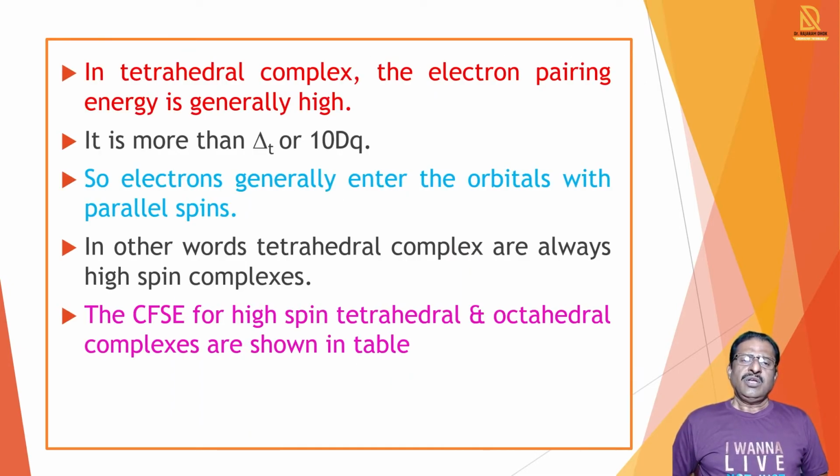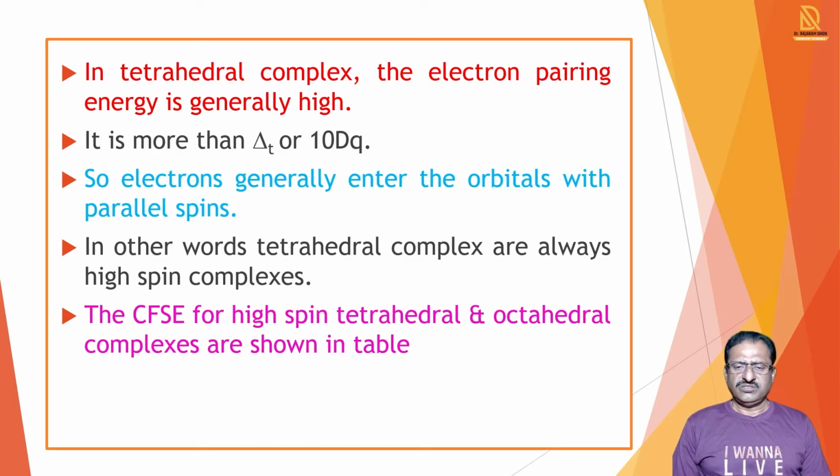Now, in these tetrahedral complexes, the electron pairing energy is generally high, and it is more than delta T or 10 Dq. So generally electrons enter the orbitals with parallel spins.